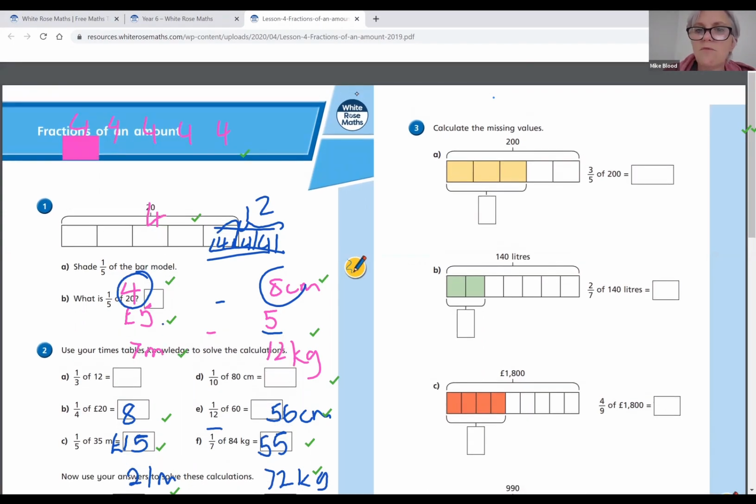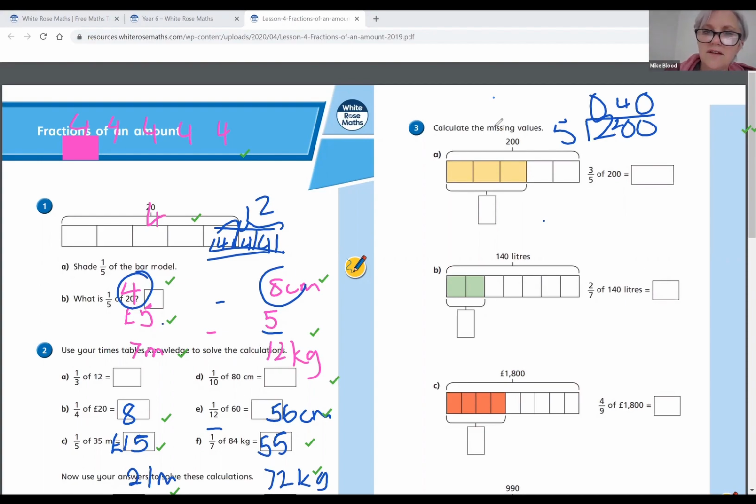You have to work out what one of those bars is. How are you going to do that? Well, you're going to do 200 divided by 5, aren't you? 5's into 20 goes 4, so that's 40.